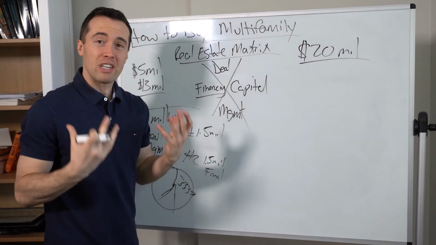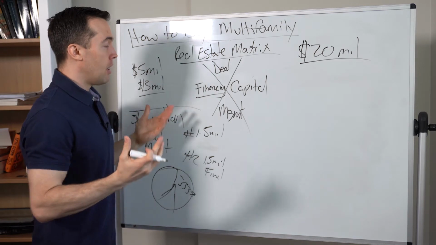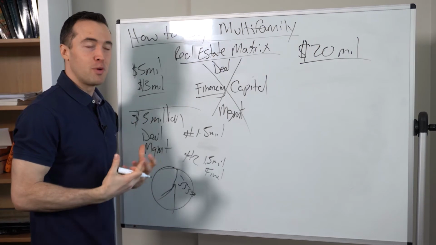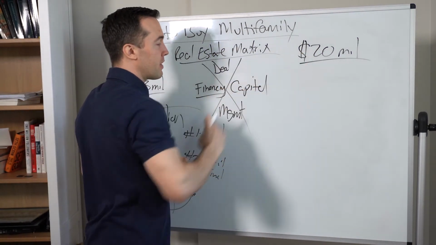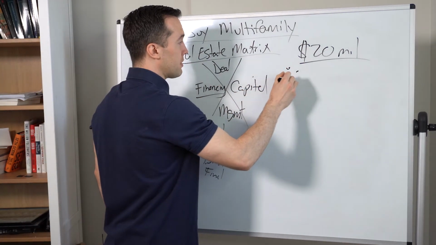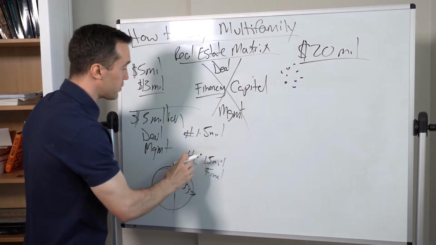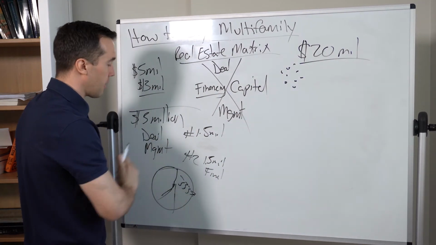So the question is, what structure works best for us to go out and acquire this deal? Well, it would be reasonable to assume that to acquire a property of this scale, we need multiple investors bringing the capital, rather than just the two people we used for the smaller deal in this partnership example.